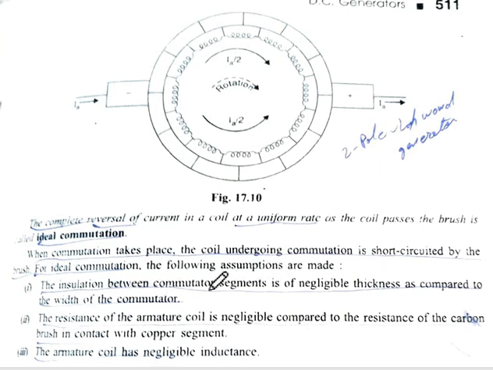Insulation between commutator segments is of negligible thickness as compared to width of commutator segment. The resistance of armature coil is negligible as compared to resistance of carbon brush in contact with copper segment. The armature coil has negligible inductance.